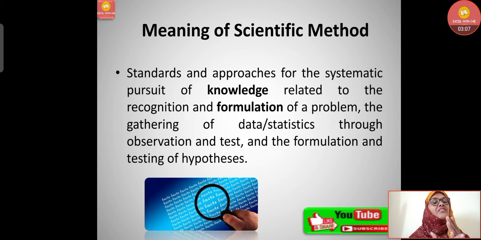Then through observations and tests, they will see how far this problem extends, what the causes of this problem are, and what its effect is. They will analyze all the data and then test the hypothesis. What is a hypothesis? That is a predetermined solution to any problem.